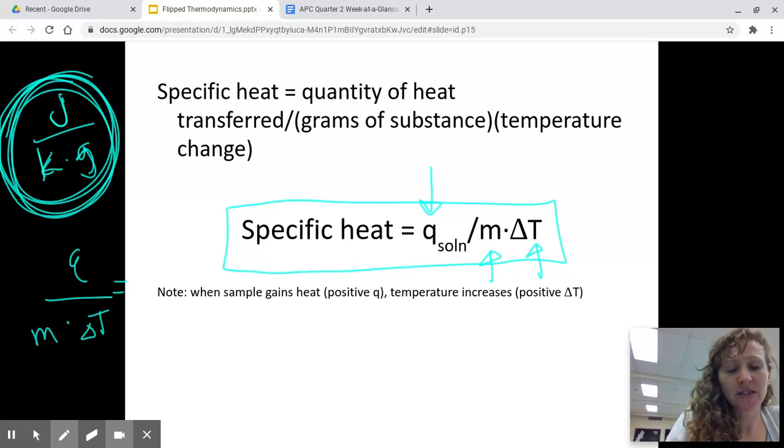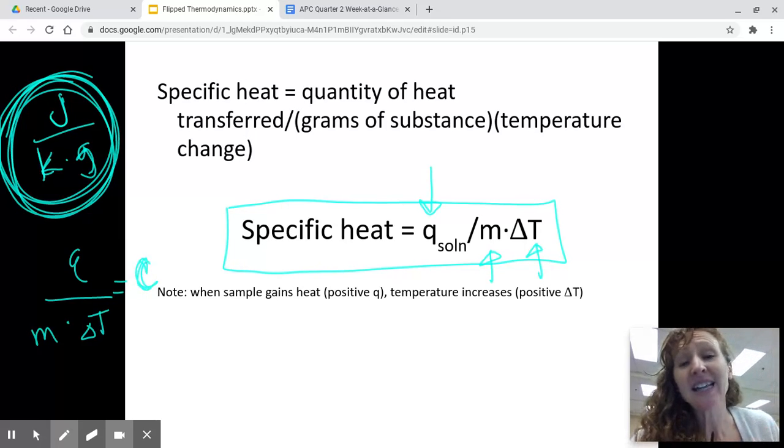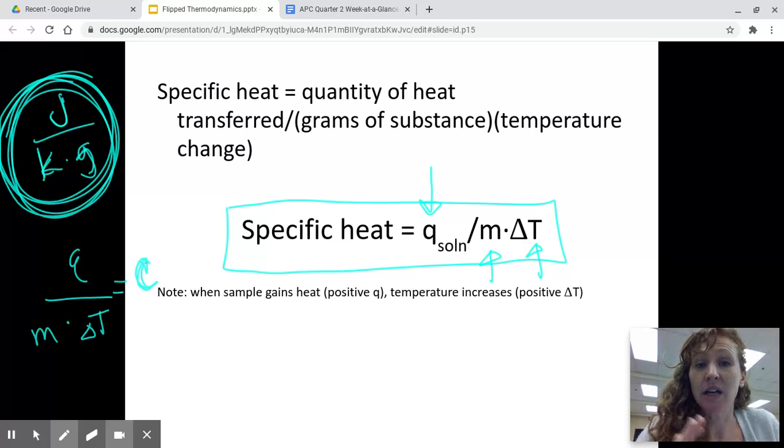Q divided by m delta T gives you your specific heat capacity. So I highly encourage you to derive this equation, not memorize it. Again, check your reference sheet, see if it's there. But this is the equation we're going to move forward with into our calorimetry labs.